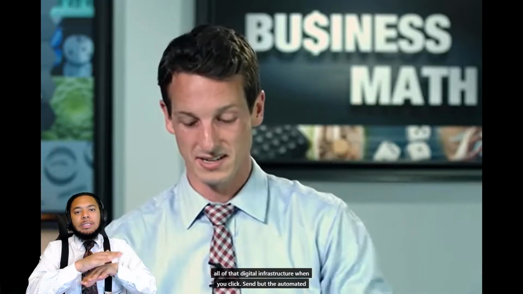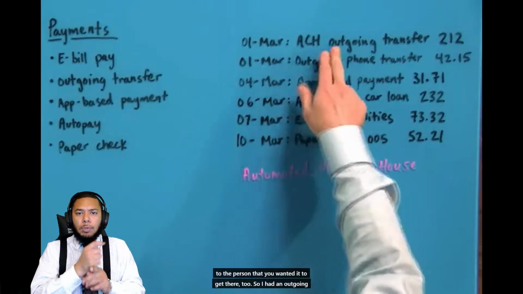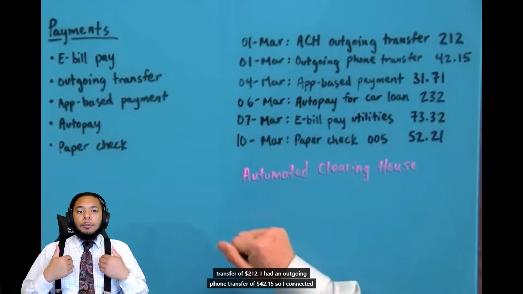So it's a very secure clearinghouse that whenever you click send money, it makes sure that it ends up in the right place. So you don't see all of that digital infrastructure when you click send, but the automated clearinghouse makes sure that it gets there, and it gets there safely and to the person that you wanted it to get there to. So I had an outgoing transfer of $212.